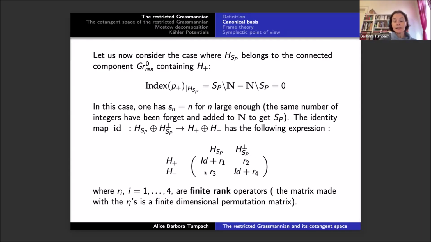Then the identity has the following form where R1, R2, R3, R4 are just finite rank operators, which correspond to finite dimensional permutations of the basis elements. So in particular, finite rank.